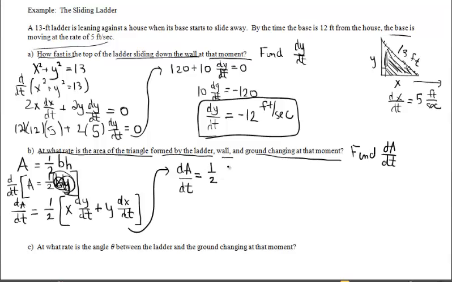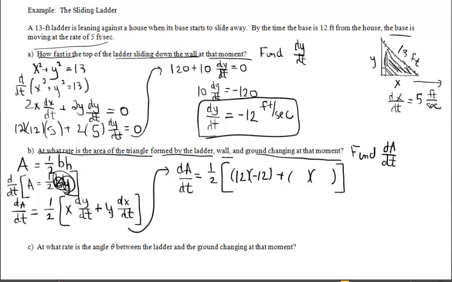All right, so we've got the 1/2. This is for x, this is for dy dt, and this is for y, and this parenthesis is for dx dt. See, x was 12, rate of change of y, oh, okay, we found that, that's negative 12.